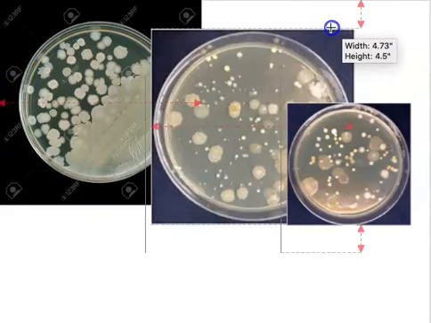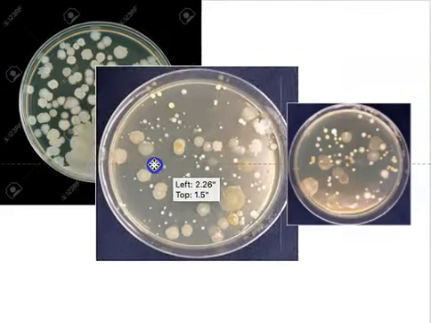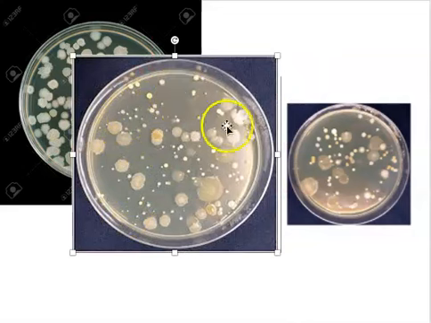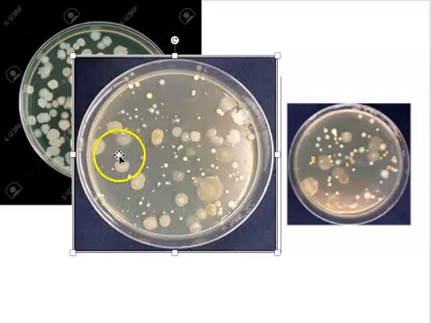If you see multiple different types of colony morphology, you know you have multiple types of organisms growing on that plate. It's a little difficult to see, but if you look at this colony, for example, and this one here, they have that fried egg appearance.